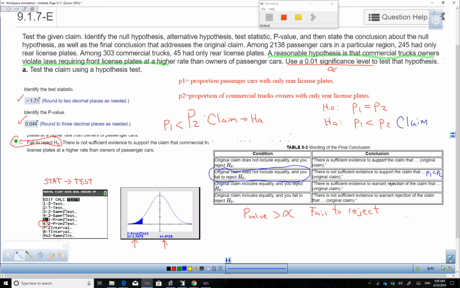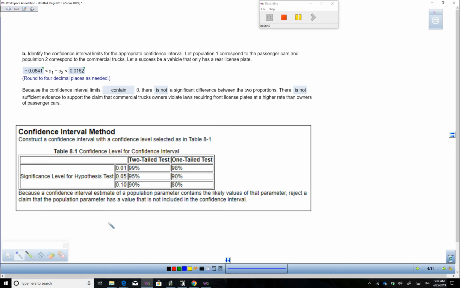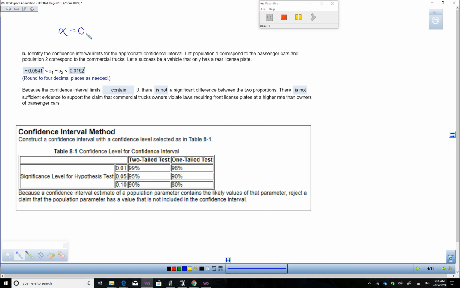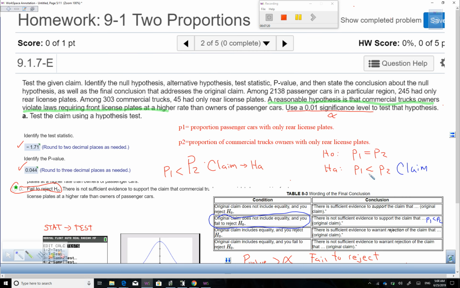And there is another part which says identify the confidence interval limits. Well, we need to basically do the same problem using the confidence interval method, and for that I need to know my significance level. It was 0.01, and you remember this was a left tail.